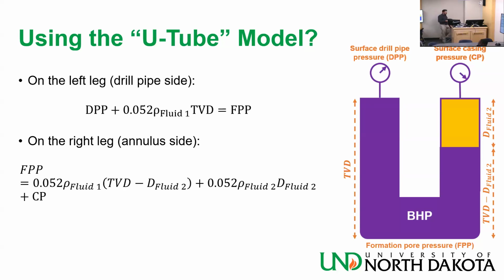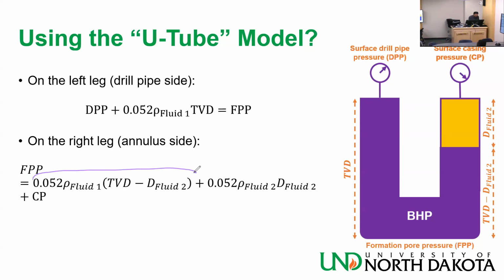So the weight of the purple would be 0.052 times rho fluid 1 times TVD minus the depth of fluid 2. And if I know this, it's good. I don't think I will know that easily in well control situations. Plus the yellow.